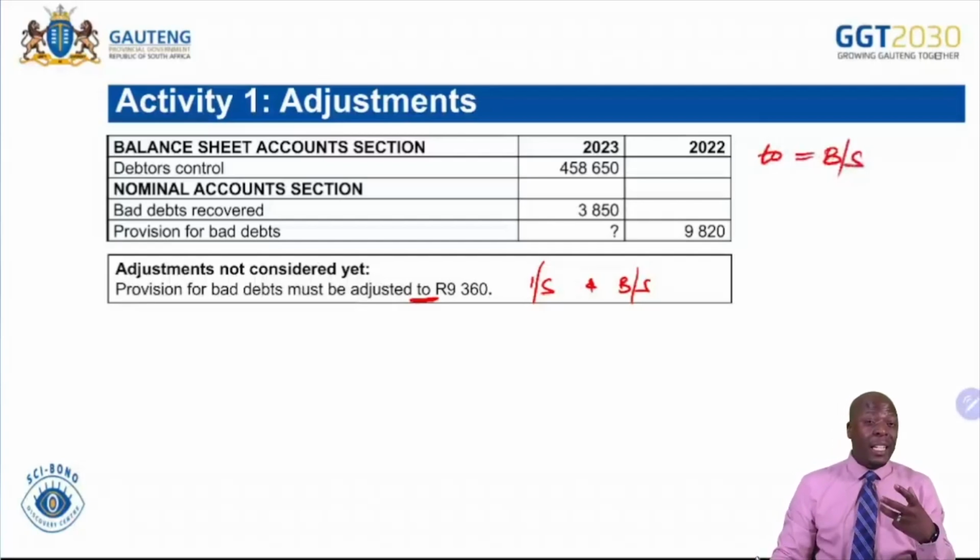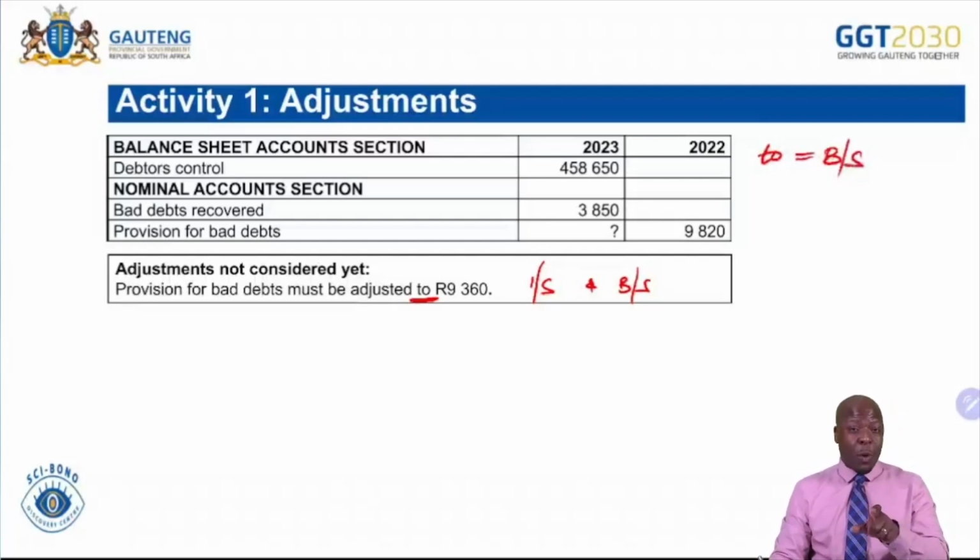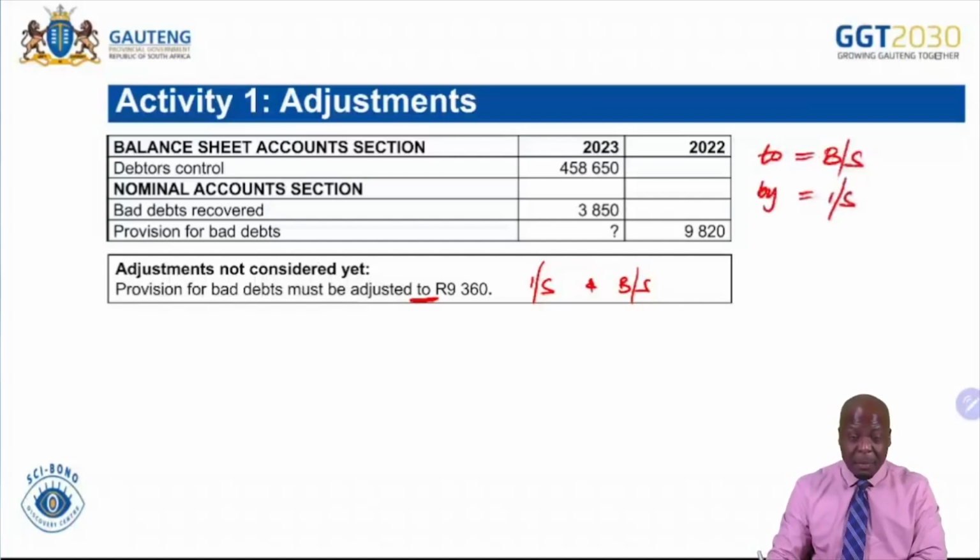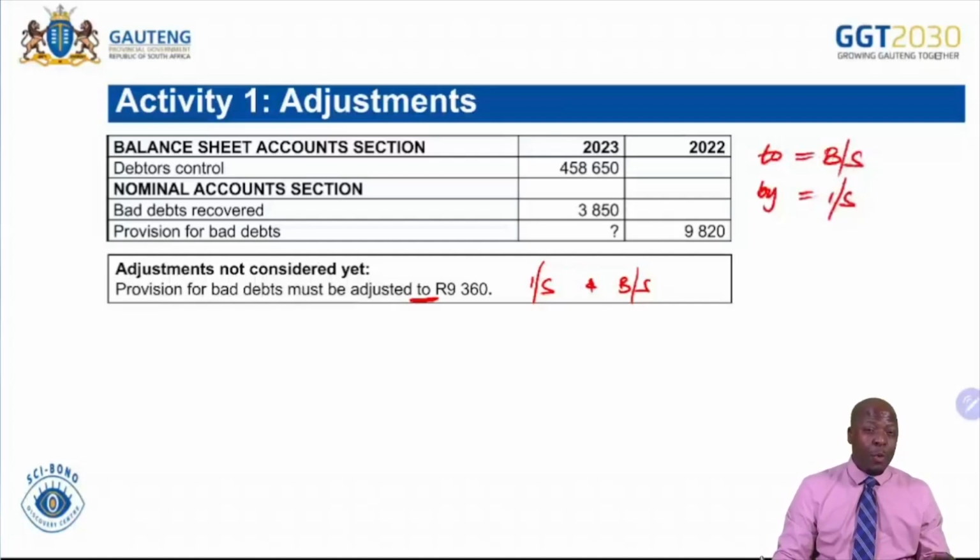But you will find this adjustment coming in a different way, whereby they will say provision for bad debts must be adjusted by. So once you get the by, it goes to your income statement. Let's see if we can get the by, because in this case we're going to do the income statement first.